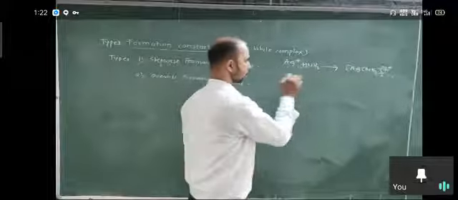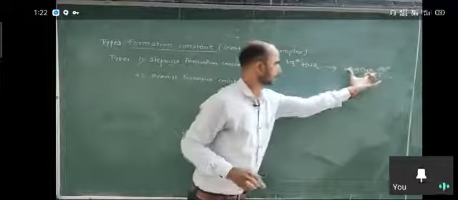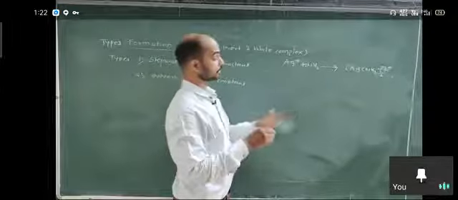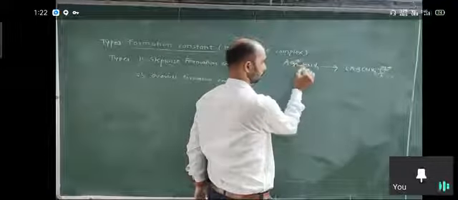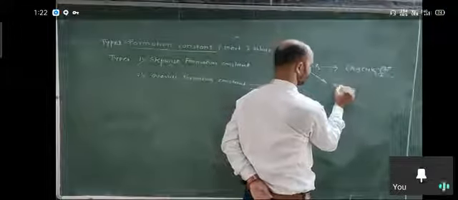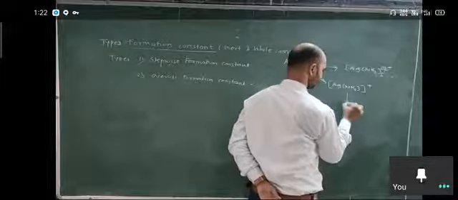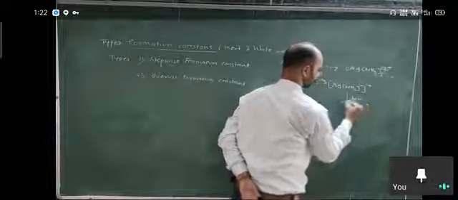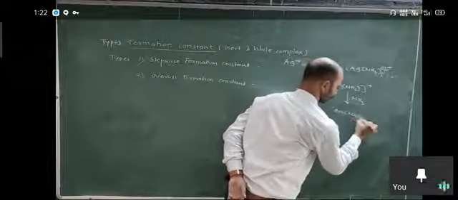So overall, if we directly think, the concentration of this upon concentration of this, but if we think stepwise, in the first step the Ag plus reacts with one molecule and forms Ag NH3 plus, further it reacts with a second one, then we get Ag NH3 twice plus.